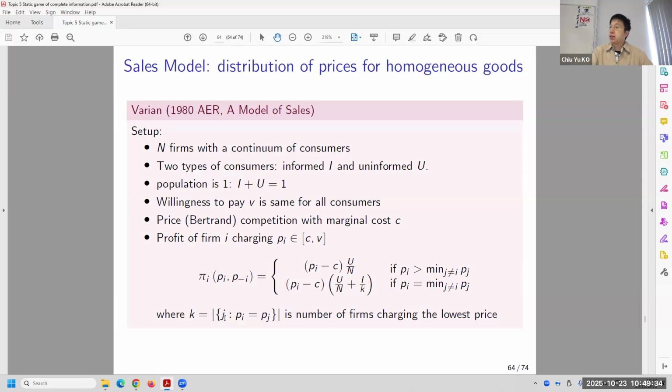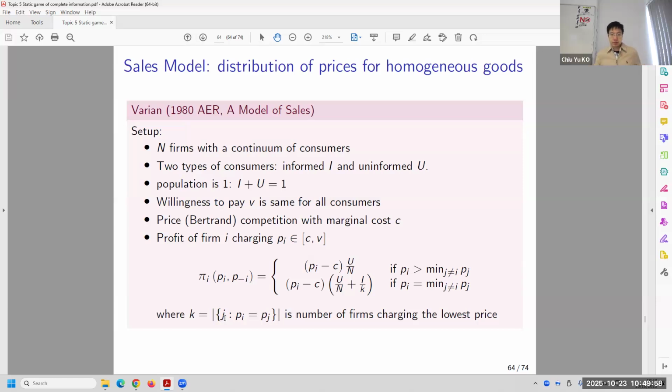And he figured out why prices are different at different stores and different times. He needs to shop around to look for a good bargain, right? So basically, this is the first model, or one of the first models, to explain why prices are different, even for a homogeneous good, right? You don't expect this to happen, but he came up with a model to explain why.